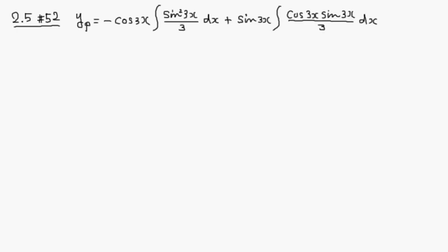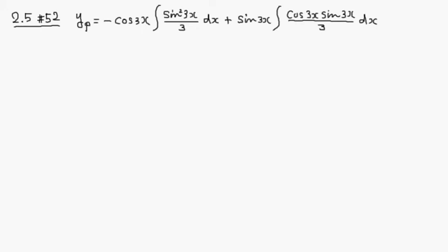Okay, I would like to go over section 2.5, problem number 52. We want to compute the particular solution yp using variation of parameters.